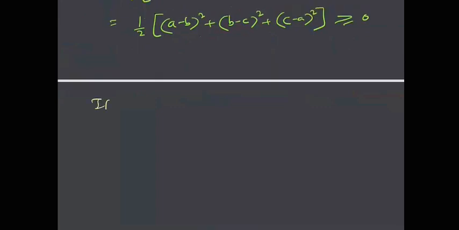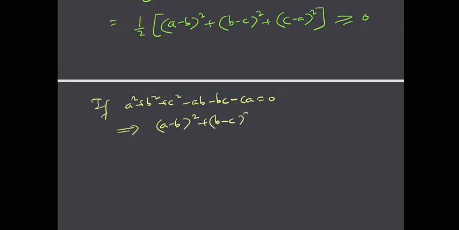So if I mention that a square plus b square plus c square minus ab minus bc minus ca is equal to 0, this implies that (a minus b) whole square plus (b minus c) whole square plus (c minus a) whole square is equal to 0, right? Because we can write it in this way.